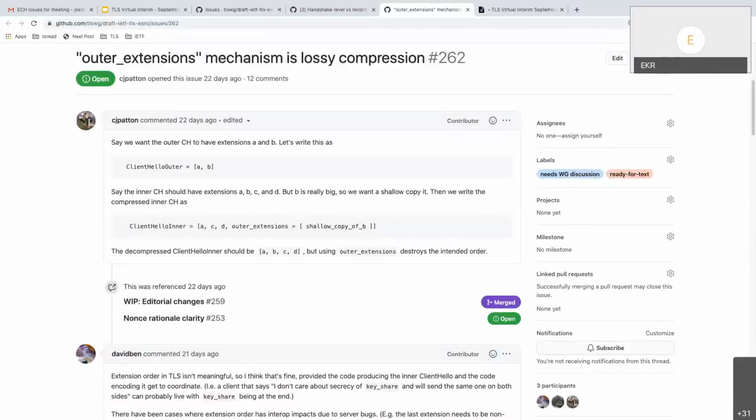So your proposal is to have multiple extensions? Yeah. So right now the idea breaks the semantics of extensions as usual. My thinking is that client hello inner isn't a real handshake message. It's something that you need to actually inflate and send to the backend server.